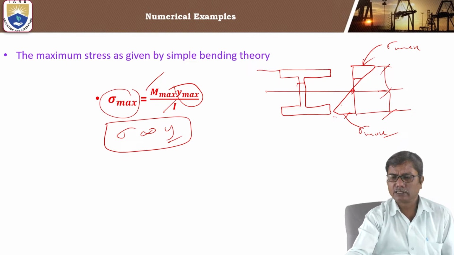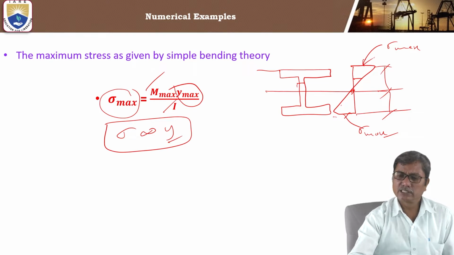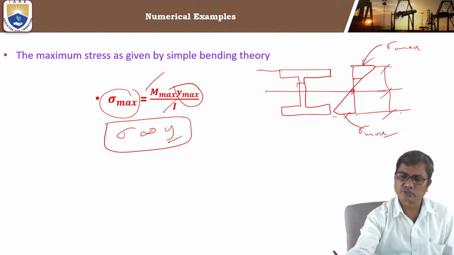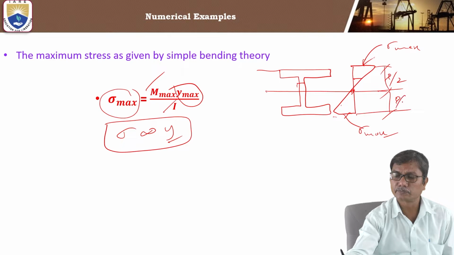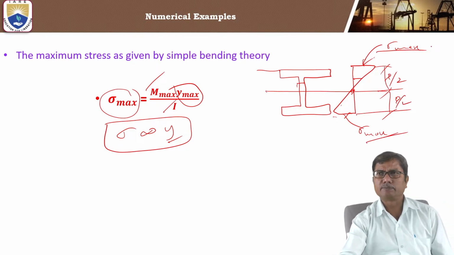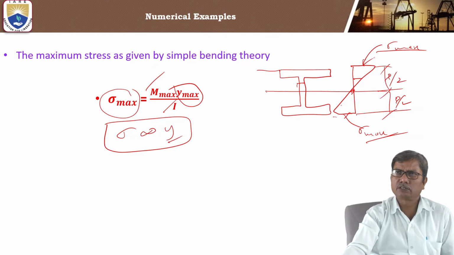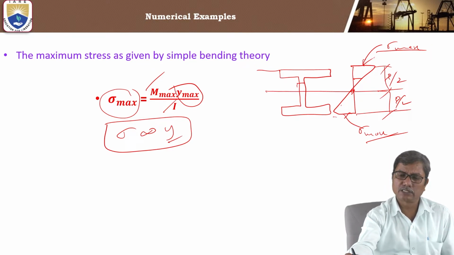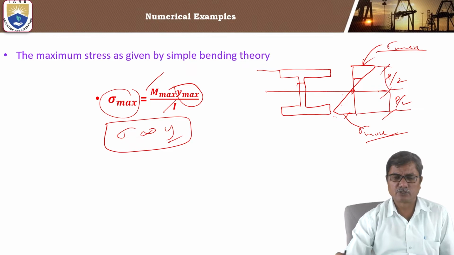In this case, because of symmetry, the distances of the top and bottommost fibers will be the same, that is d by 2. Hence sigma maximum will be the same at topmost and bottommost fibers. The compressive stress and tensile stress are both the same.